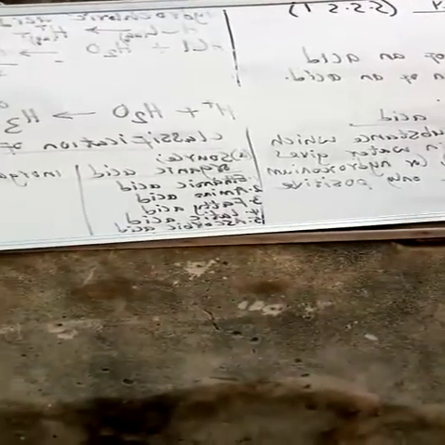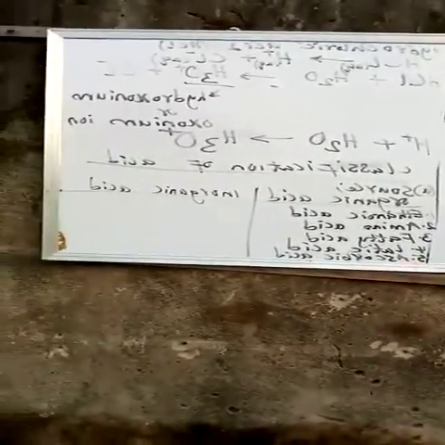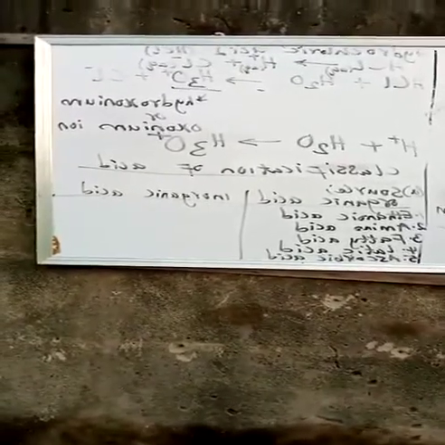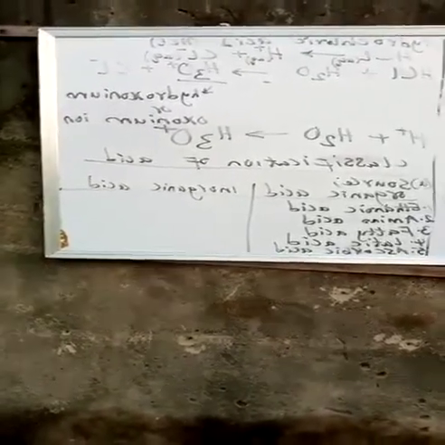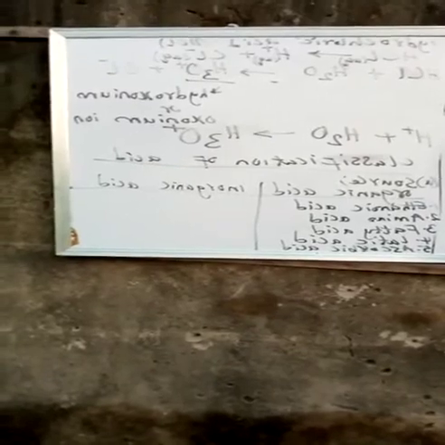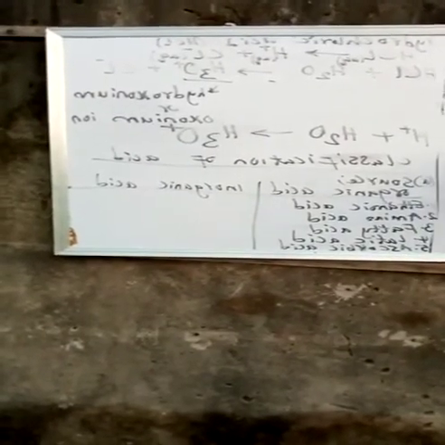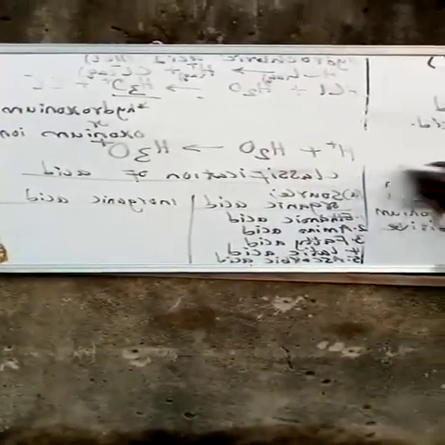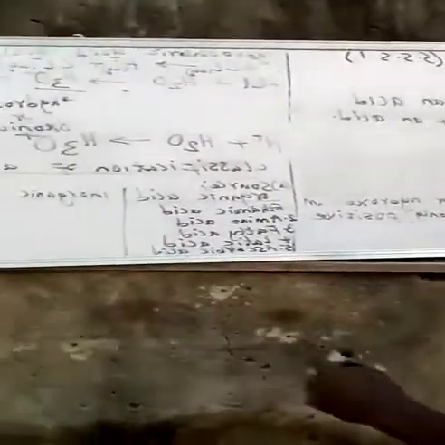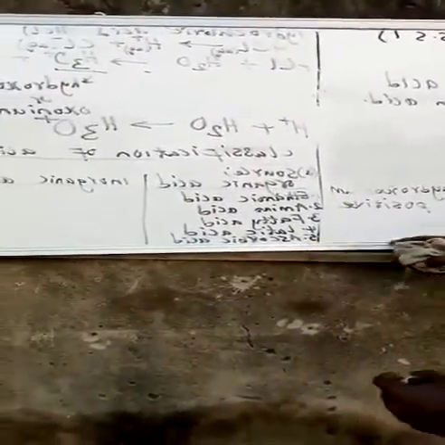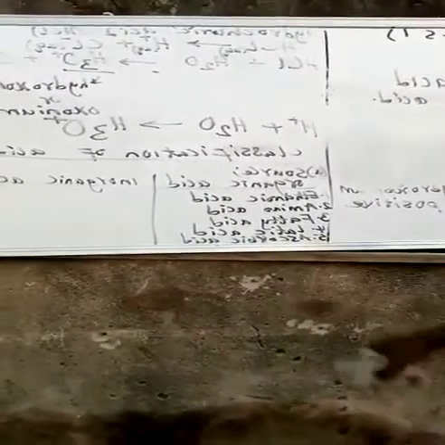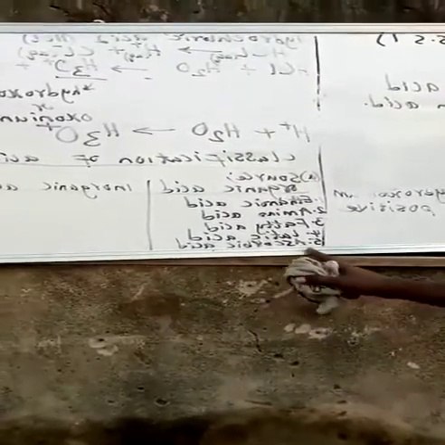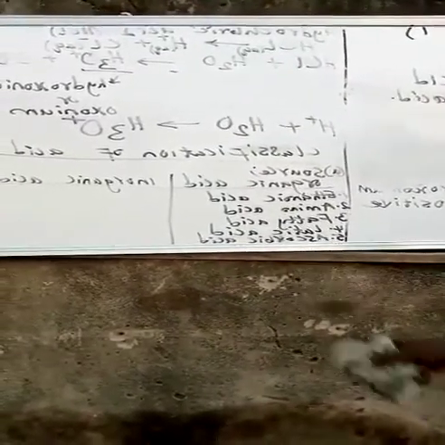The ascorbic acid is found in orange. And lastly, we have the citric acid. Citric acid is found in lime and lemon.